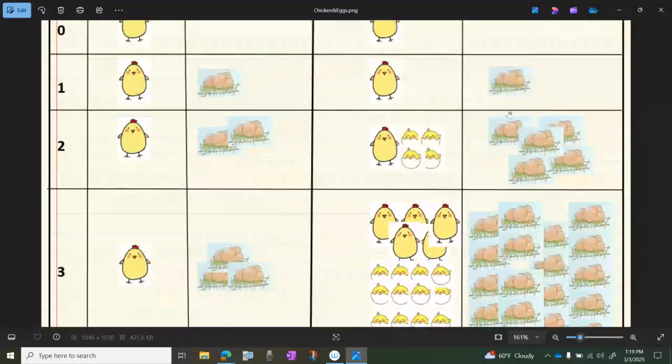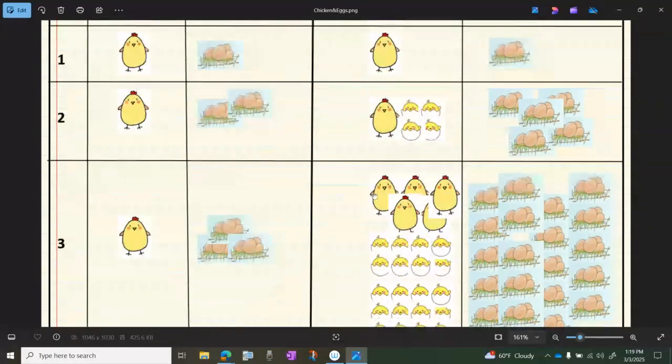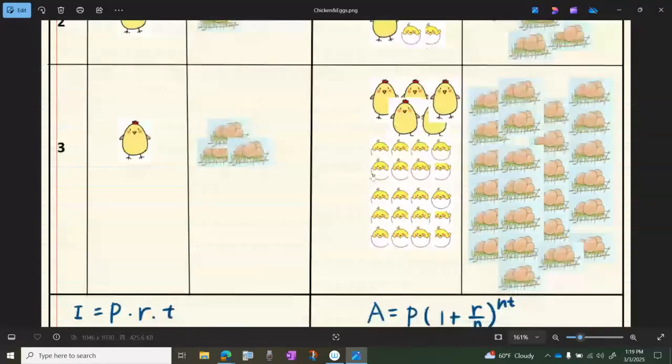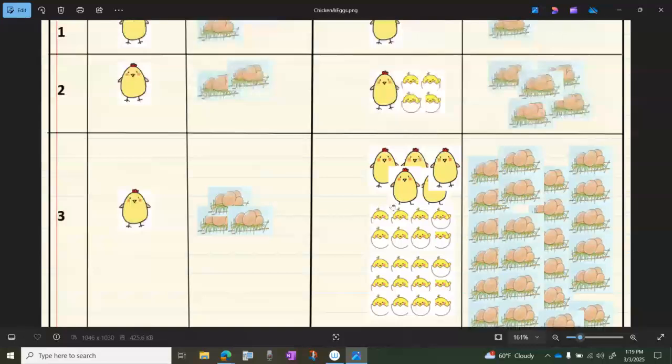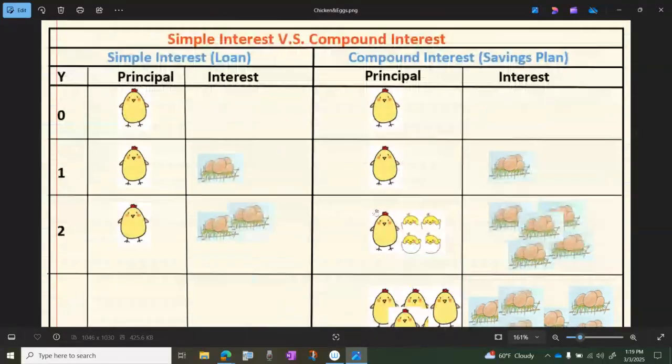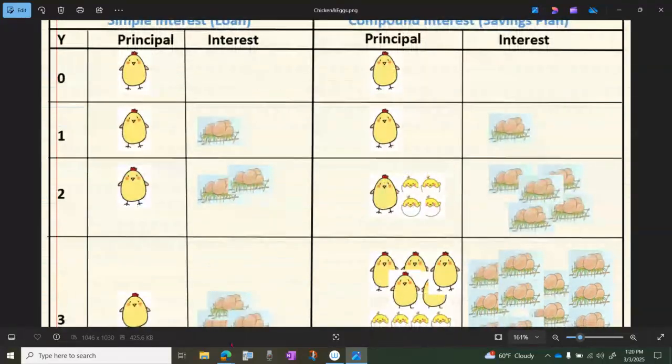Every time period, in this case every year, you have more chickens, and when more eggs are generated, they become part of the chickens and make the principal bigger and bigger, and the eggs more and more. So that's how compound interest works. As you can see, compound interest is very, very powerful.